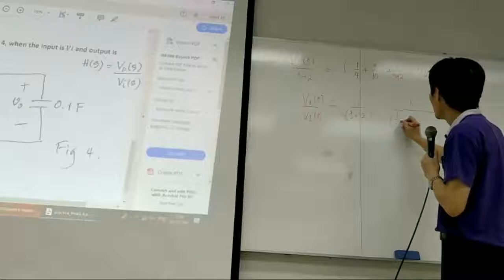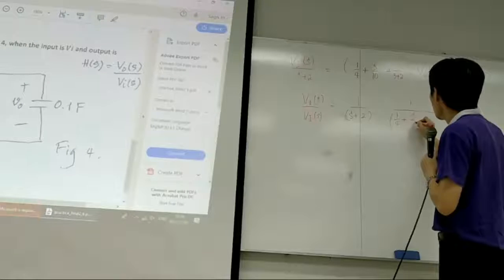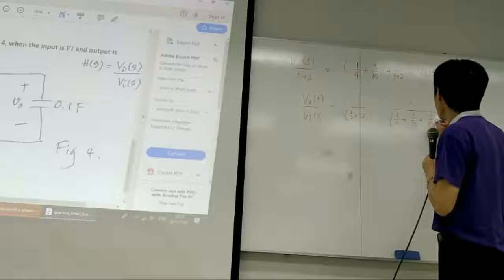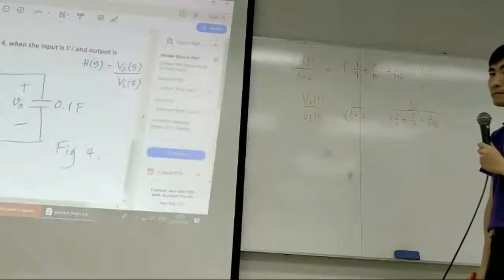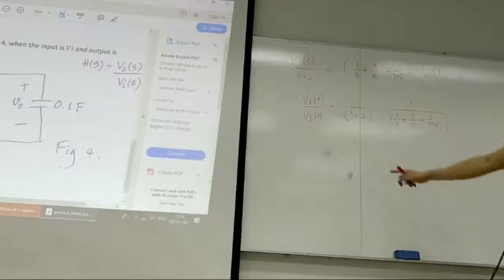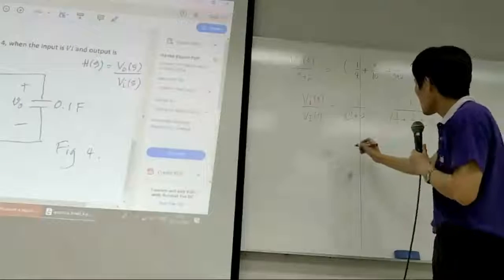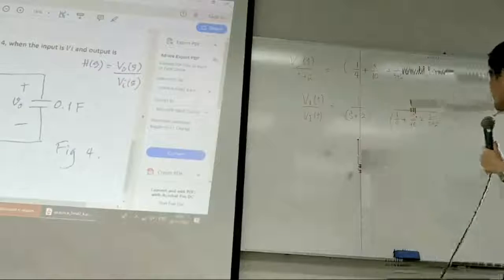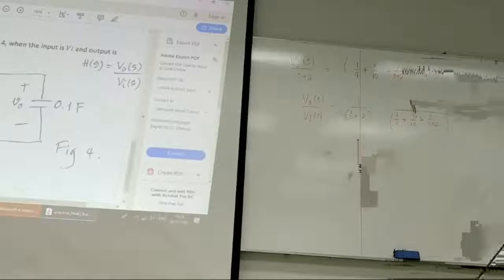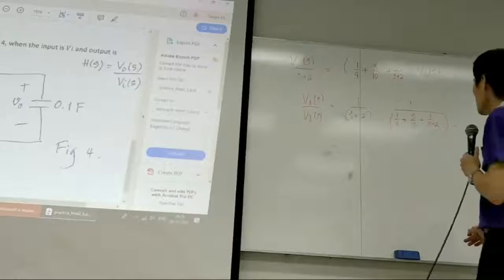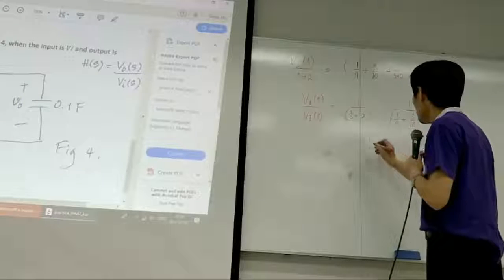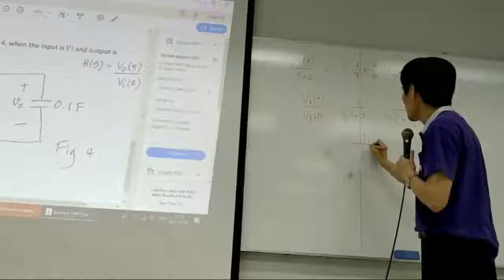Yes, 1 over 4 plus S over 10 plus 1 over S plus 2, and that's it. That's the transfer function. If you want to simplify it, make it look better, okay, let's start with 1 over S plus 2.